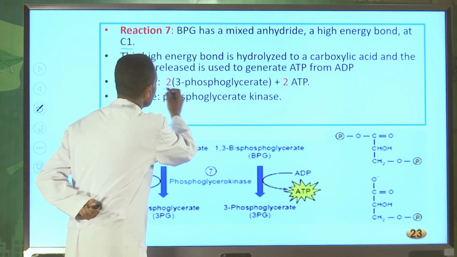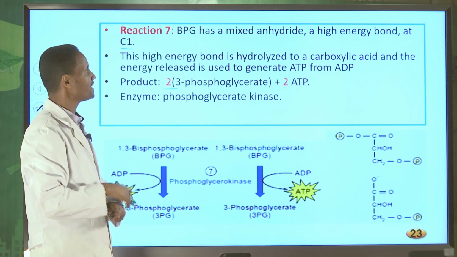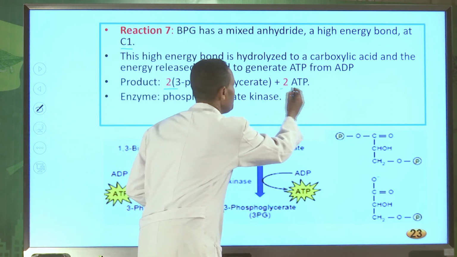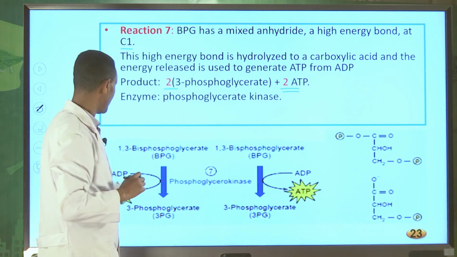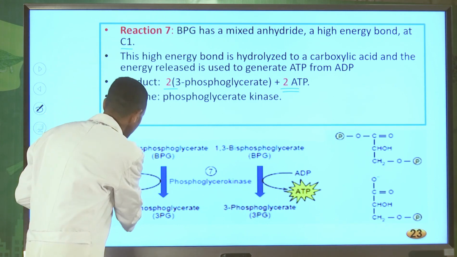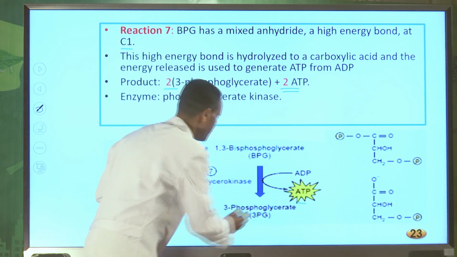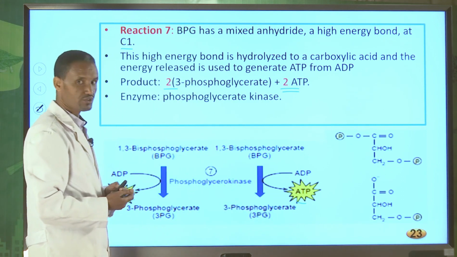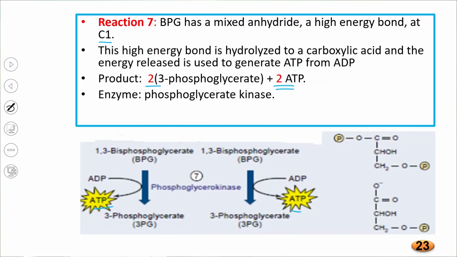And finally, it produces 2 molecules of 3-phosphoglycerate and 2 molecules of ATP. Now, at this stage, in reaction 7, 2 molecules of ATP are gained.